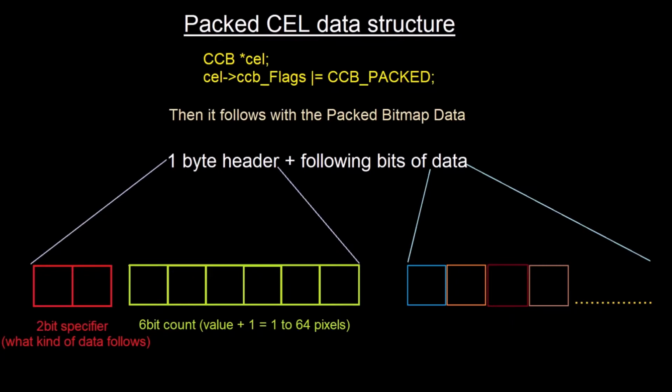That means nothing. So the maximum you can repeat is 64 pixels, and if you have a much bigger bitmap, maybe the same color that repeats 200 times, you have to split those packets to a series of 64 pixels. We will see that.